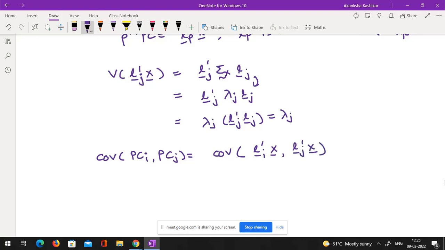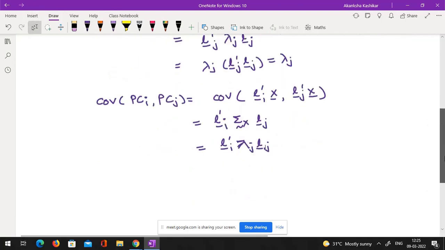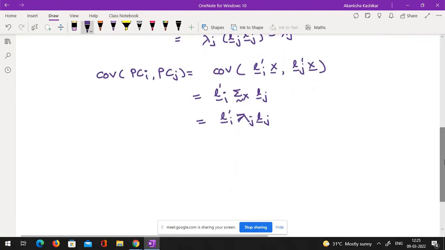This we know from the formula that we studied in the preliminary lectures, that this would be Li prime sigma Lj, which I will again write as lambda j Lj. So this is lambda, even if you can't see it, this is supposed to be lambda.